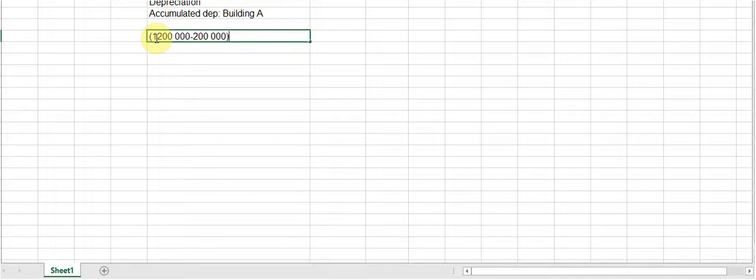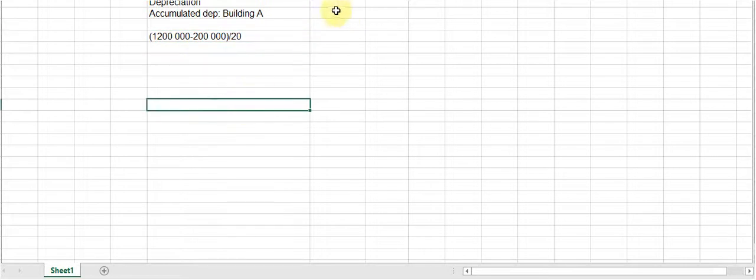I need to divide it by the useful years, and we've not been given any changes, so we've had this asset the whole year, so we need not times by any months. So it's going to be 1.2 million, rather 1 million after deducting the residual value, divided by 20. That gives you 50,000 Rand depreciation on that specific building.